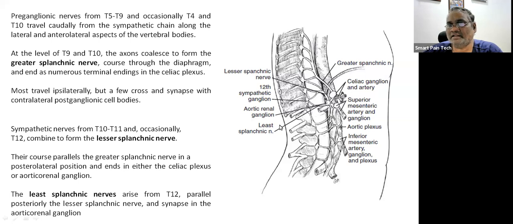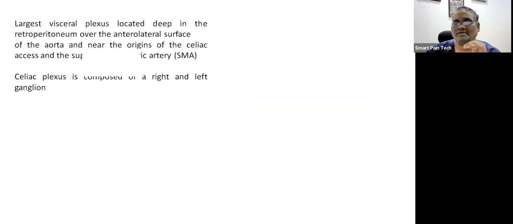All three go and coalesce with the celiac ganglion. And the celiac ganglion is not a small thing. It is a huge semilunar-shaped ganglion situated on both sides of the abdominal aorta, almost around it. It is a visible component, around 3 to 5 centimeters. Okay, clear about this anatomy?